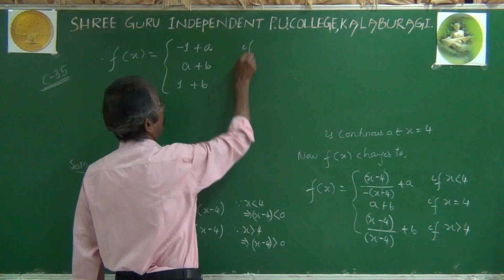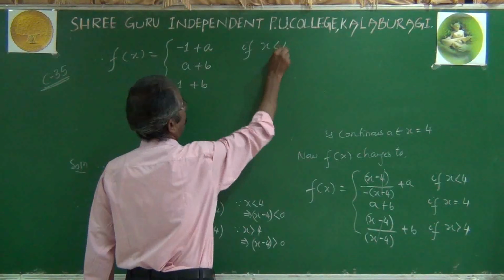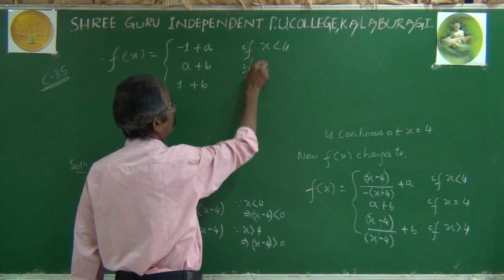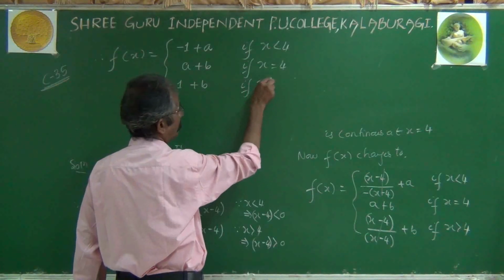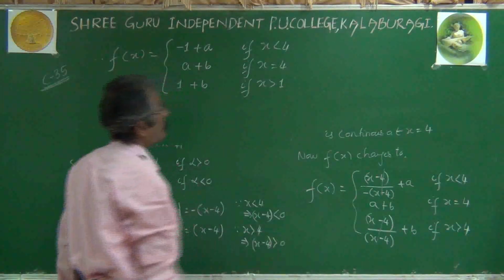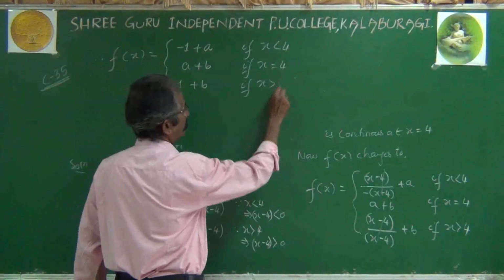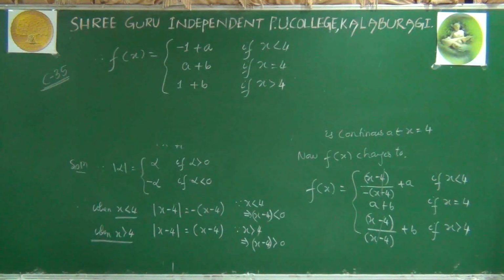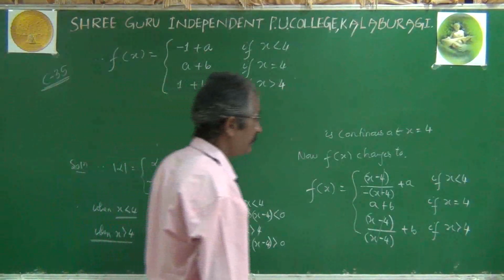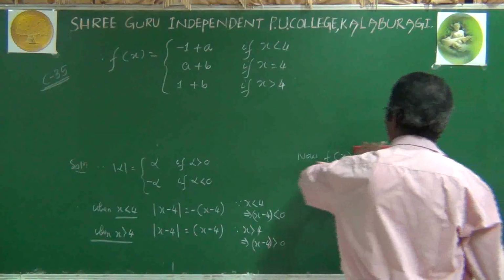If x less than 4, if x equal to 4, if x greater than 4. Now let's find LHL, RHL, and we shall solve subsequent equations for a and b values.